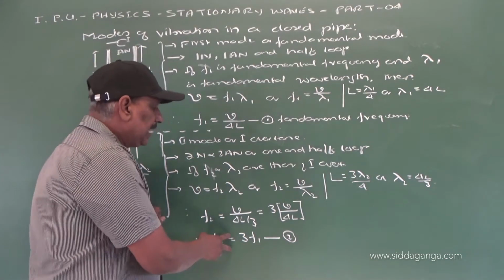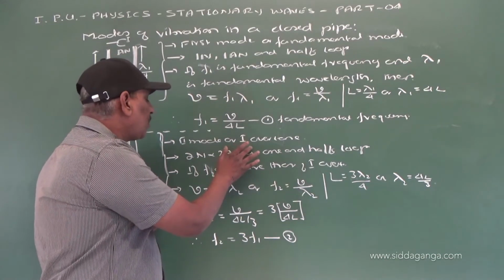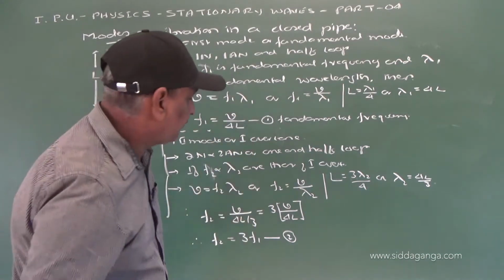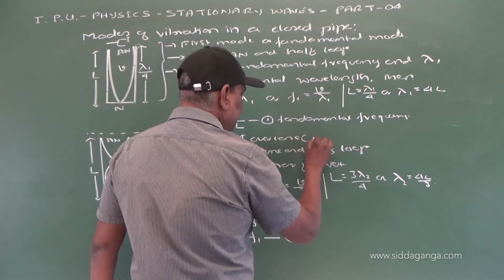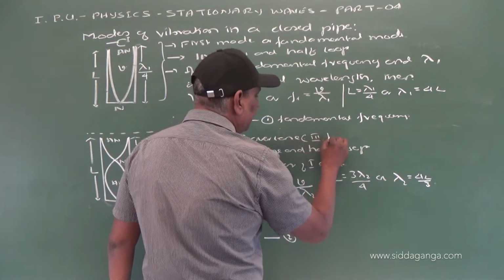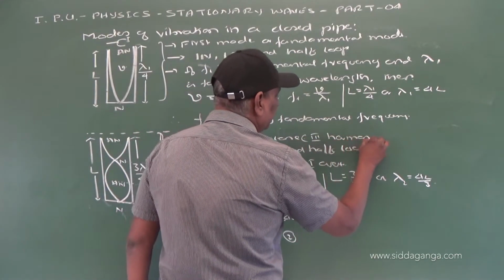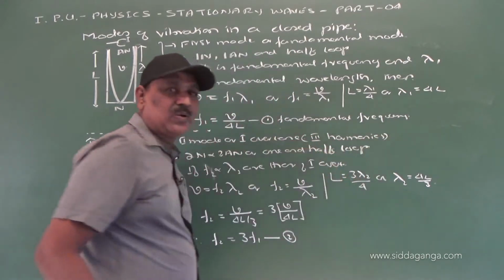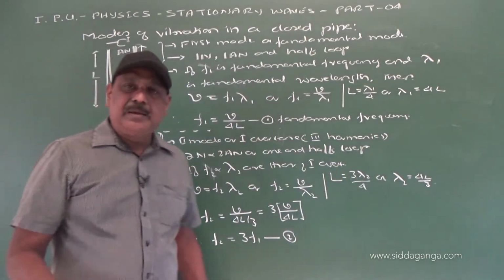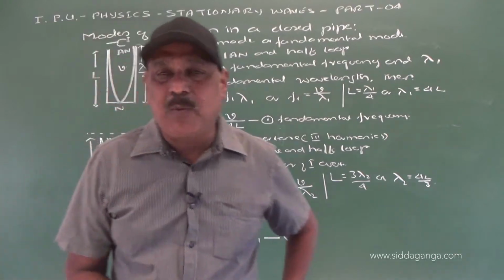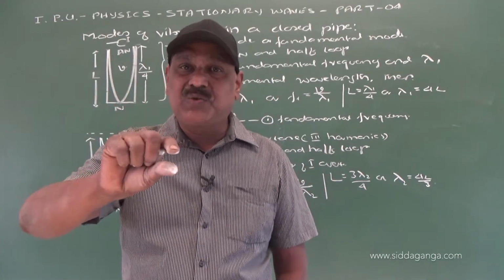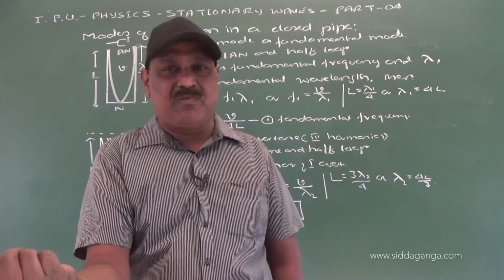That means it is first overtone, but it is third harmonic. First overtone, it is third harmonic. But in string and open pipe, first overtone is second harmonic, right?